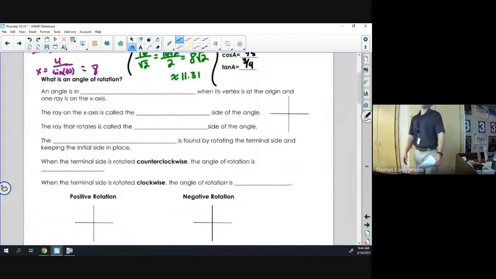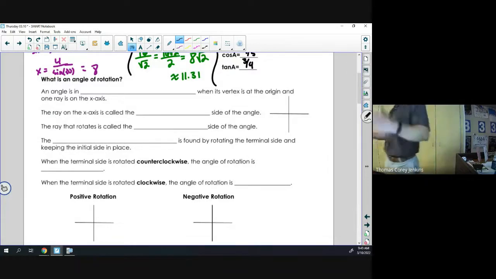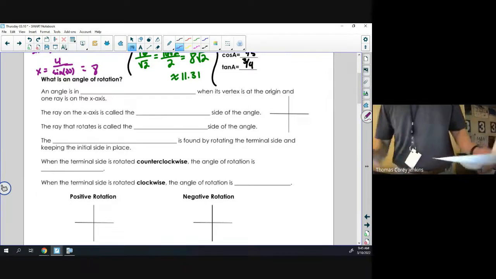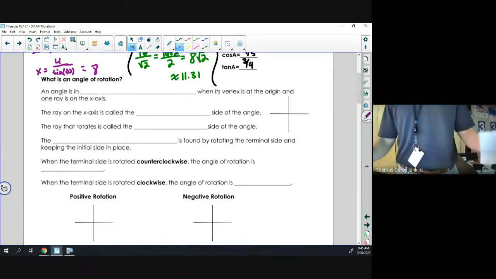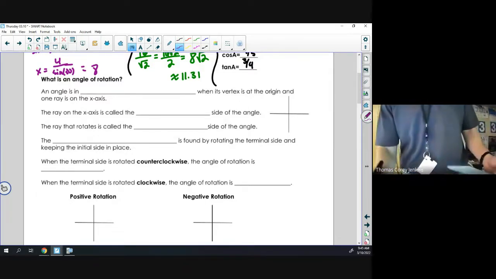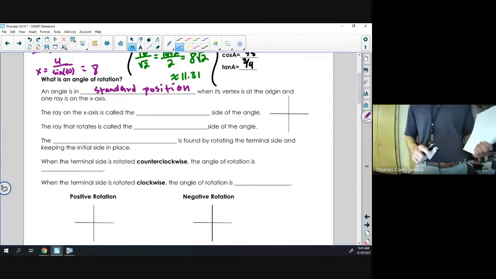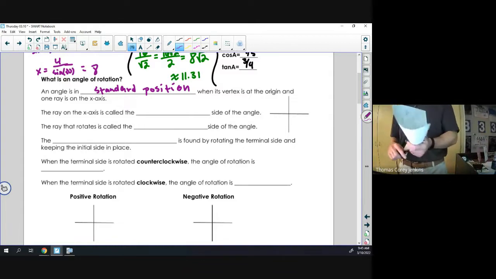All right. So we're gonna go ahead and go through some definitions and then kind of get into these angles of rotation. So an angle is what we call in standard position when its vertex is at the origin and one ray is on the x-axis.